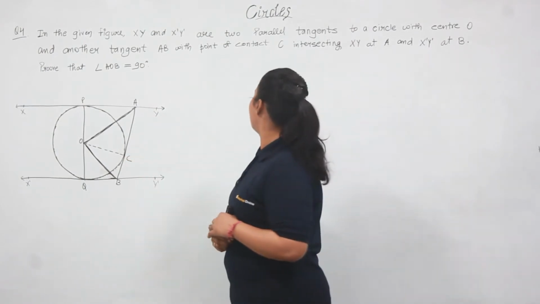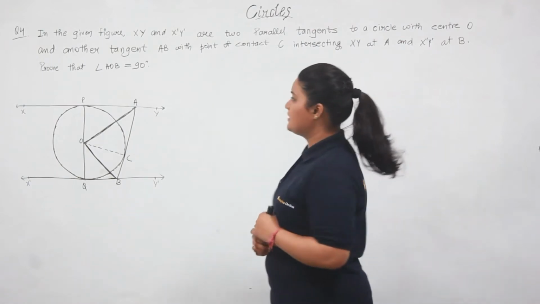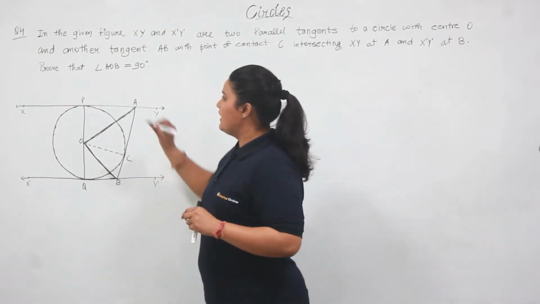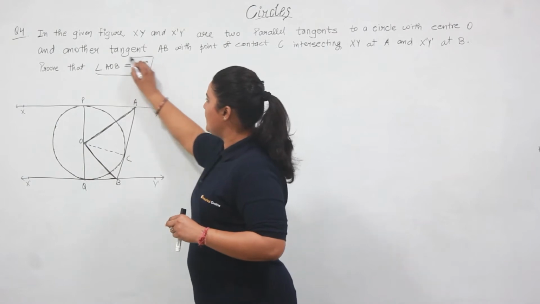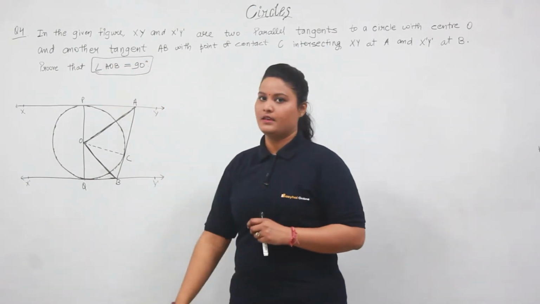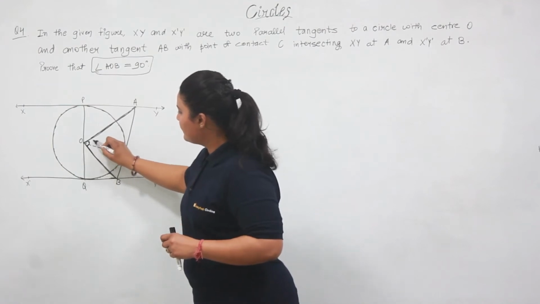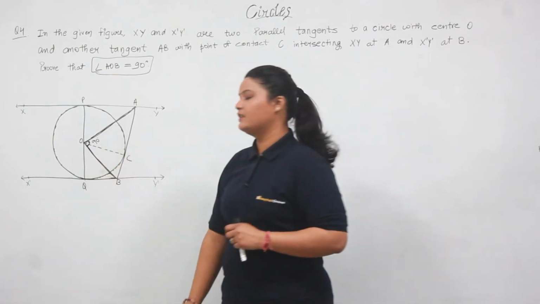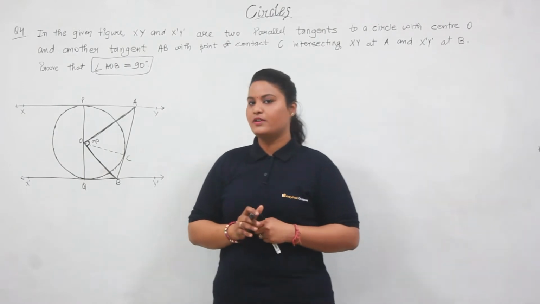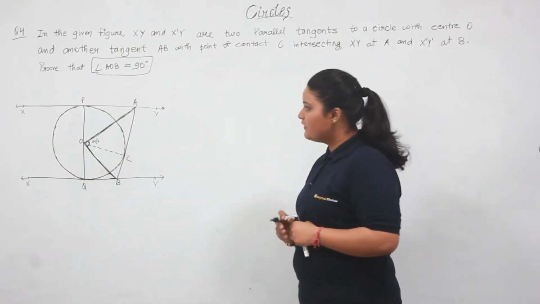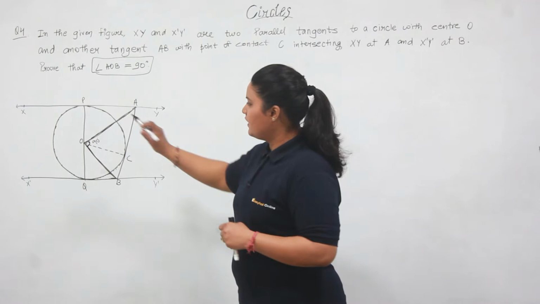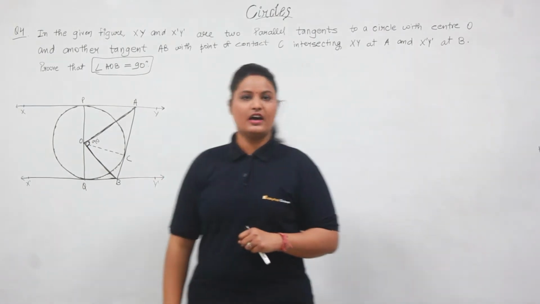Clear? Now you have to prove that angle AOB is 90 degrees. We have to prove that this one angle is 90 degrees. So this is my proving statement, and the given statement is just that XY and X'Y' are parallel.